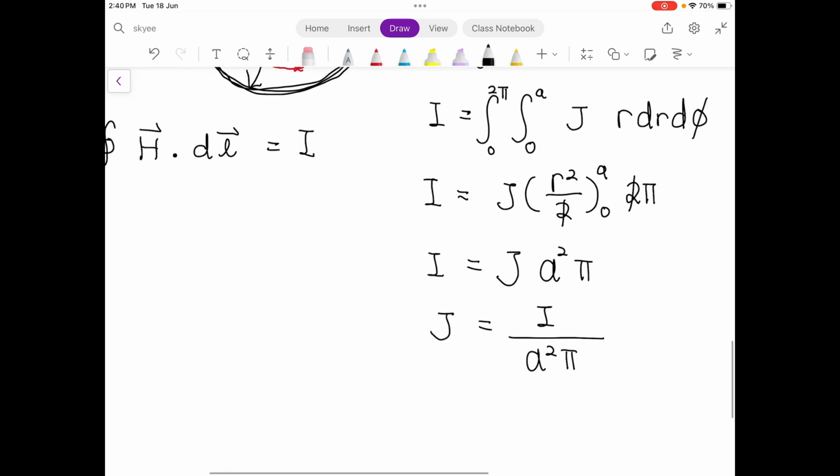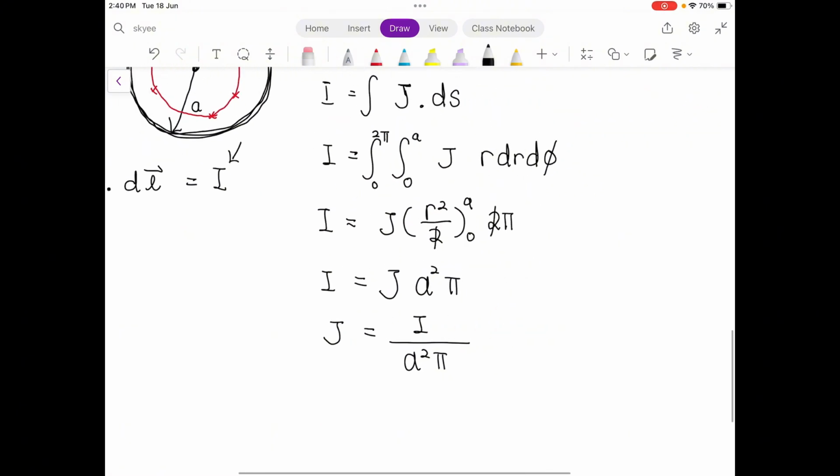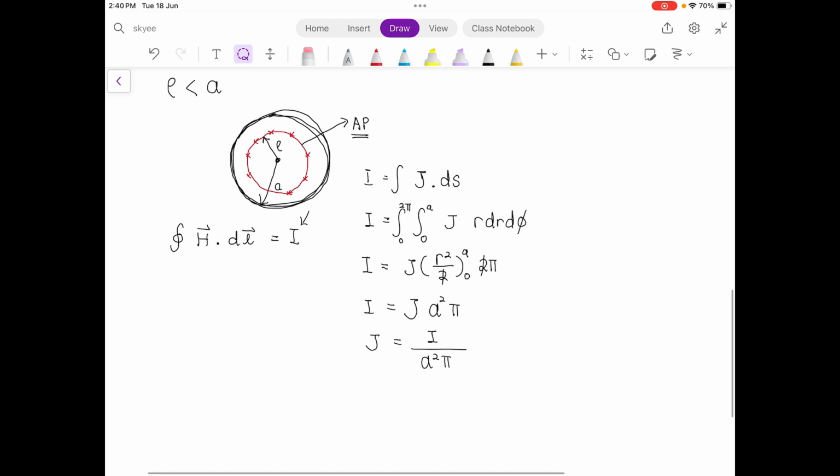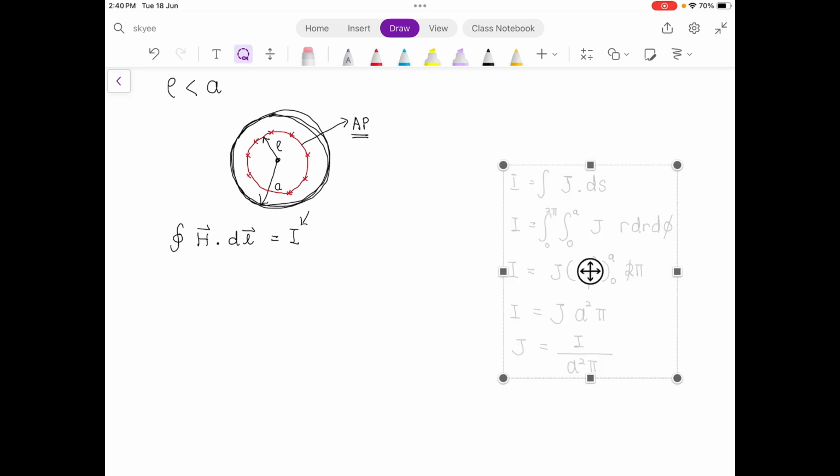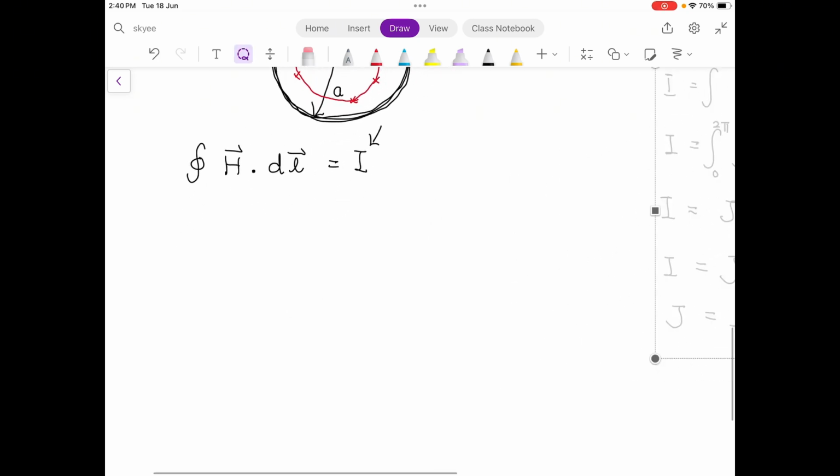We are going to apply this J at the position where we want to find the magnetic field. Let me shift this a bit. We focus on this part.